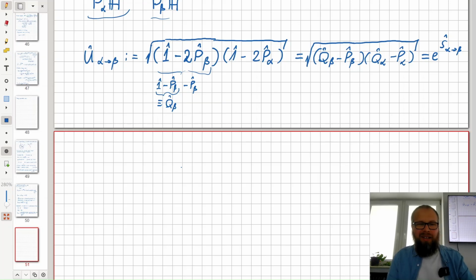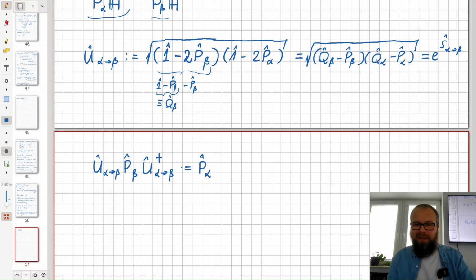So we'll have U alpha to beta acting on P beta, sandwiched between U and U dagger. This rotates us to P alpha.